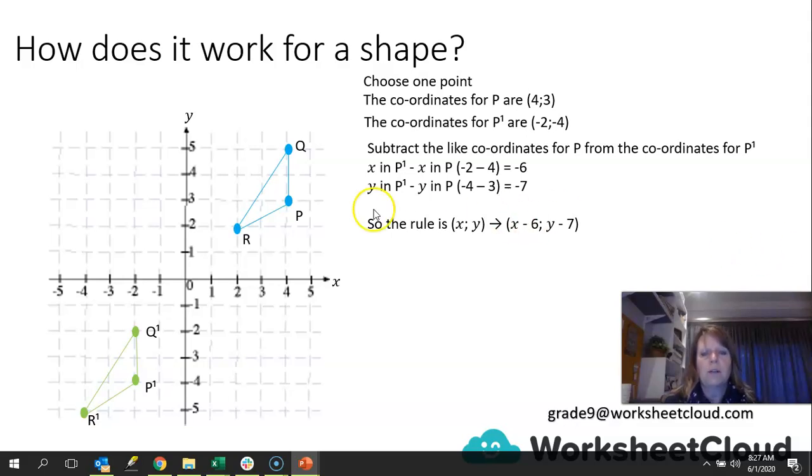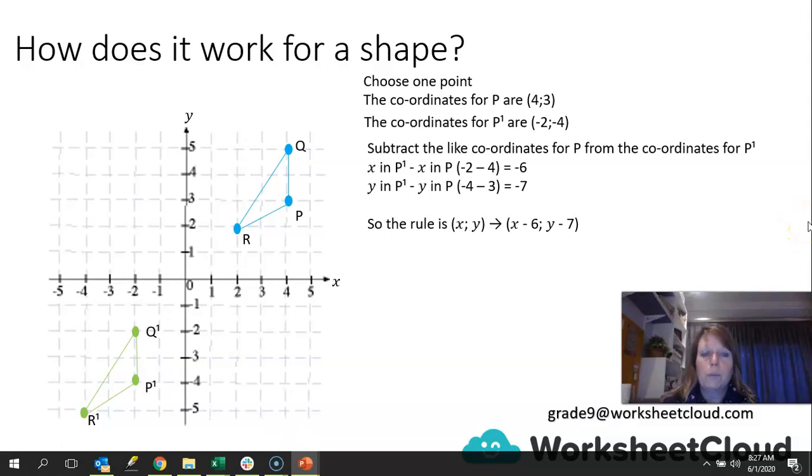Let's check that using another point. If we've got our R point, we're going to go down to our R1. We're going to go minus 6: 1, 2, 3, 4, 5, 6, and then minus 7: 1, 2, 3, 4, 5, 6, 7. It's absolutely correct.